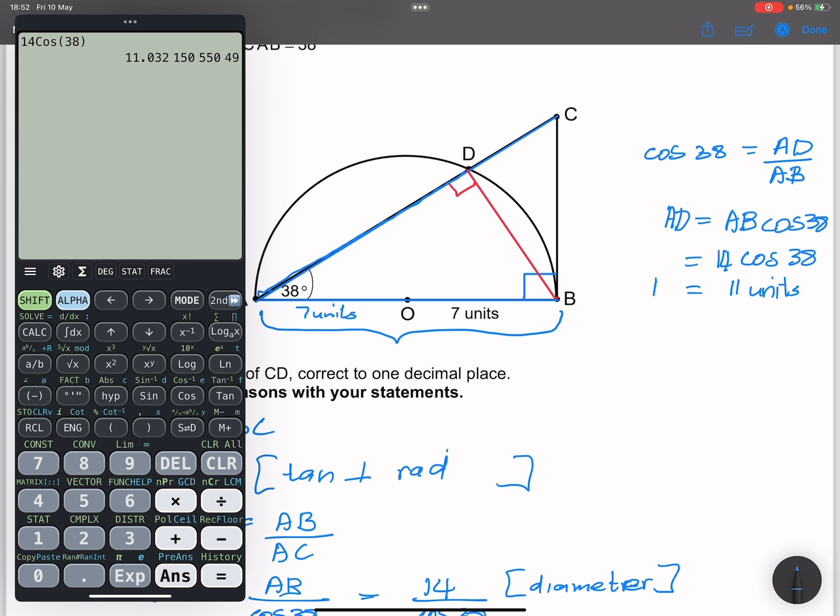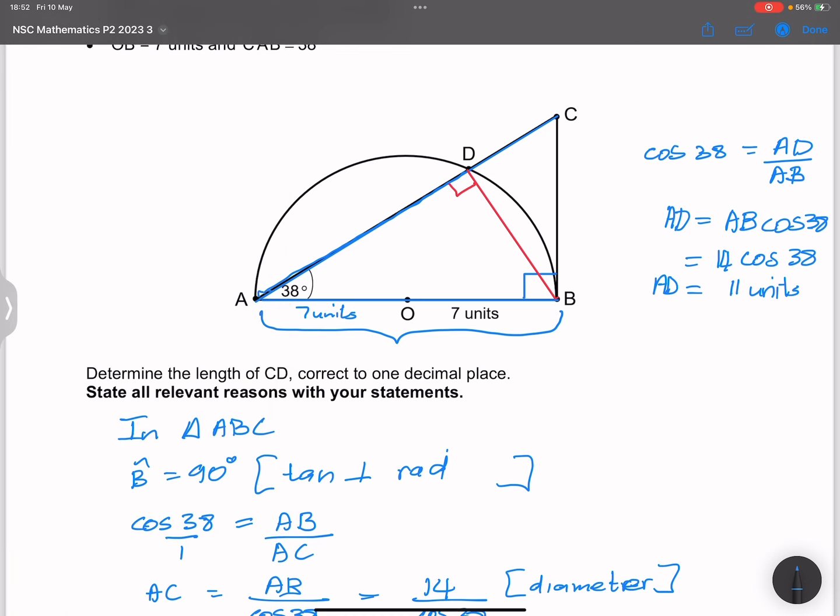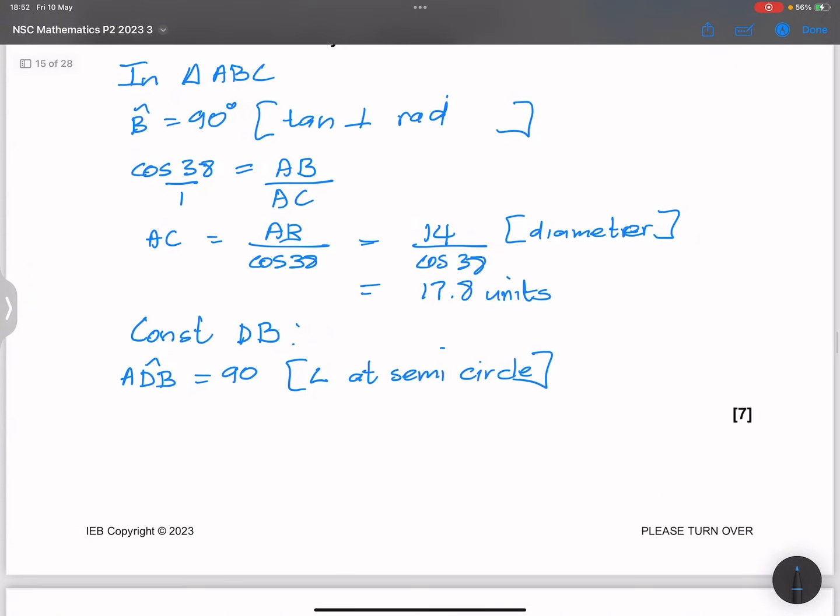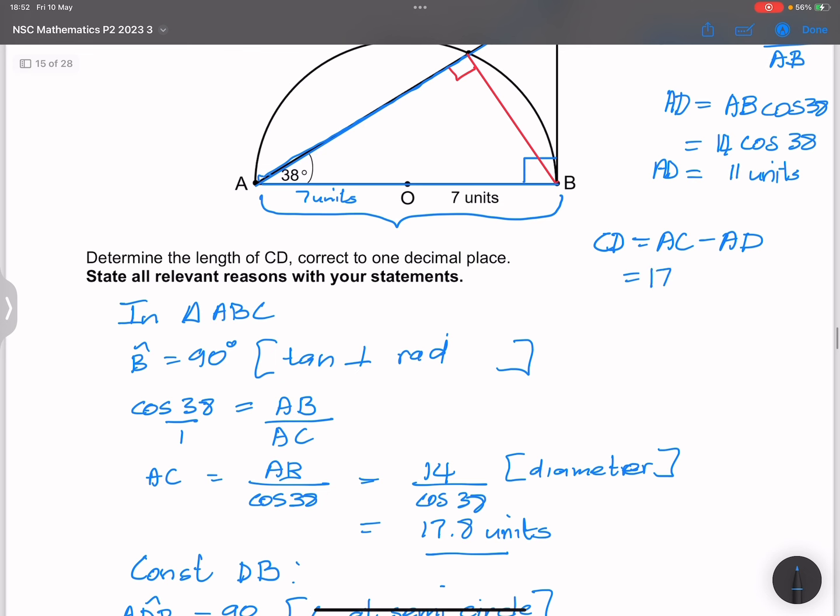Okay. So if we're looking for CD, that means that CD will be equal to AC minus AD. And so our AC value was 17.8, and we're going to subtract 11 units, and so that means in this case that's going to give us 6.8 units.